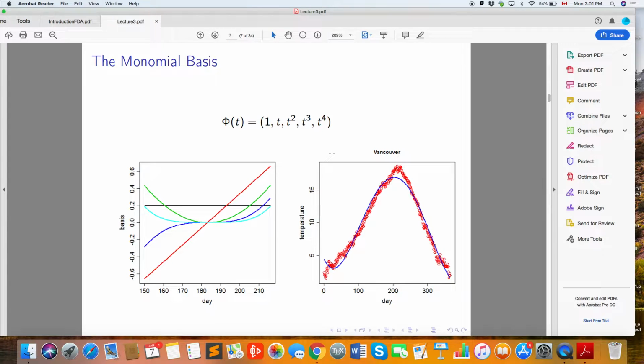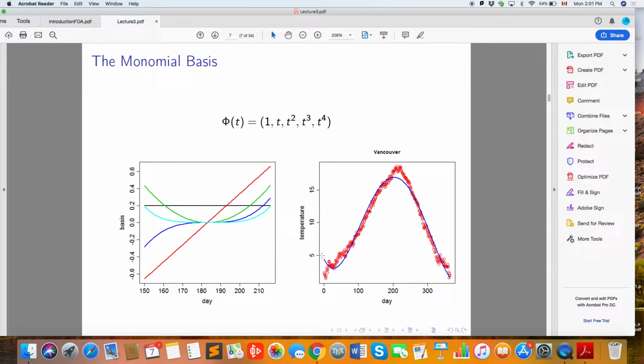So we can add the fifth monomial basis function, and now it seems better, right? But it still didn't capture the peak here, and on the left boundary it has this weird small tail going up, right?